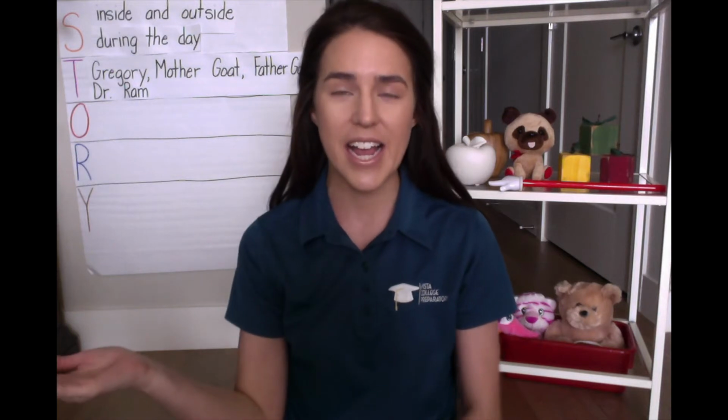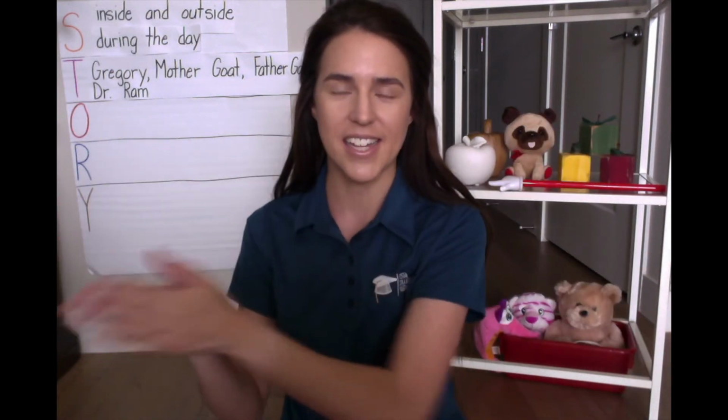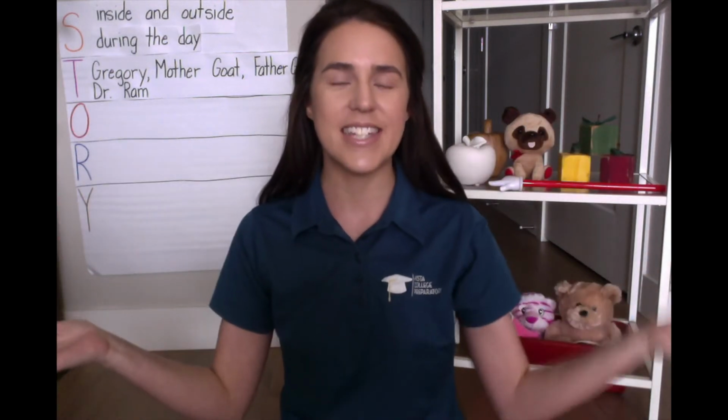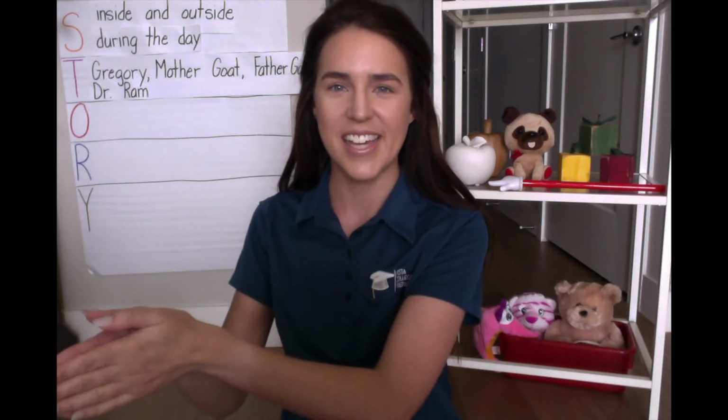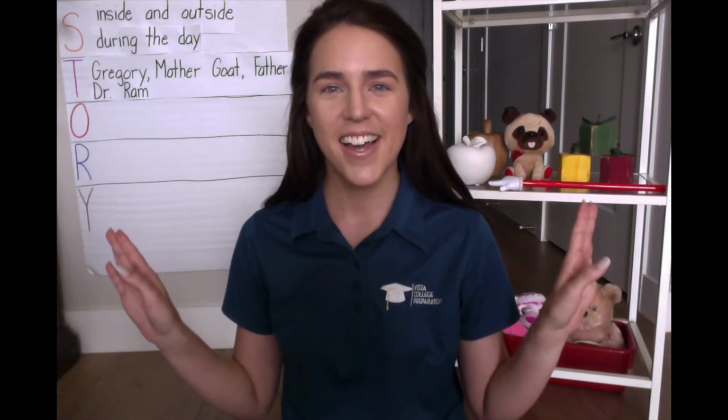When we go through STORY, we're looking at the beginning, middle, and end of a story. So this new cheer goes like this. S and T take place in the beginning. Say easy peasy.